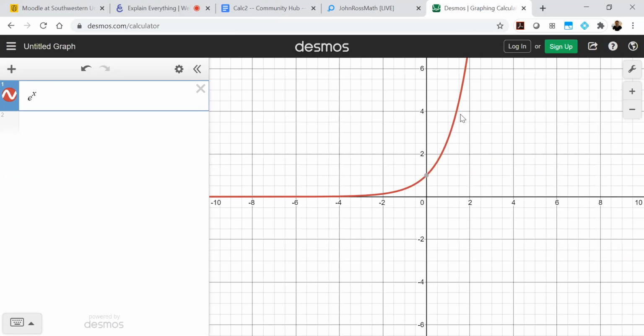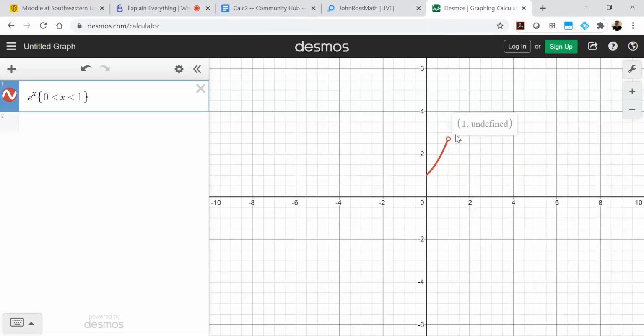So here's e to the x. We're interested in e to the x being between 0 and 1, and we're wondering what is the largest value this achieves? Well, the largest value happens to be on the right endpoint. It happens at 1. The largest value is just e to the 1, aka the largest value is e.